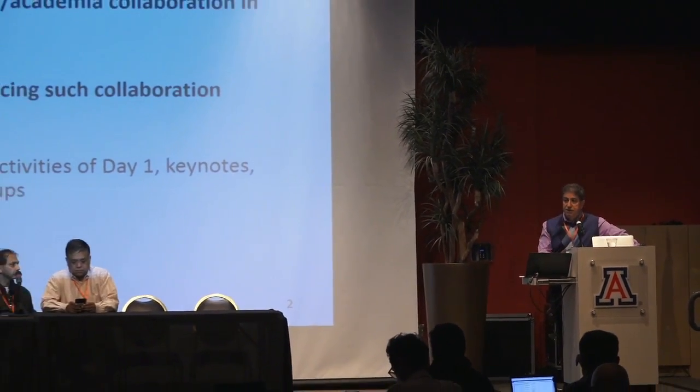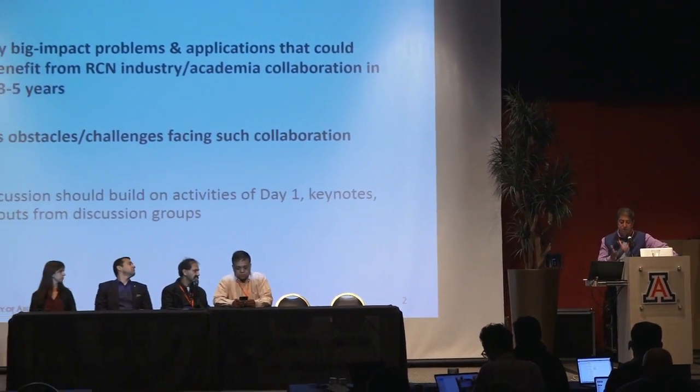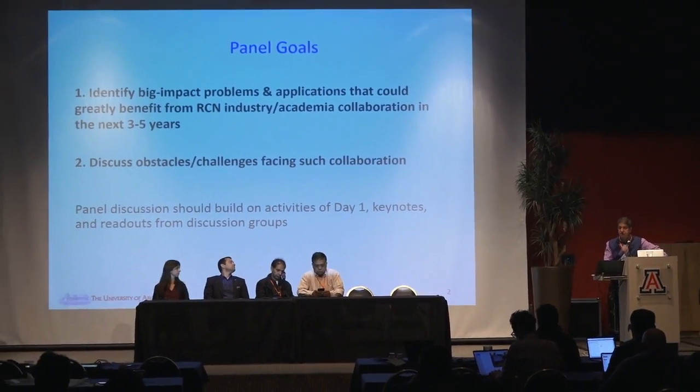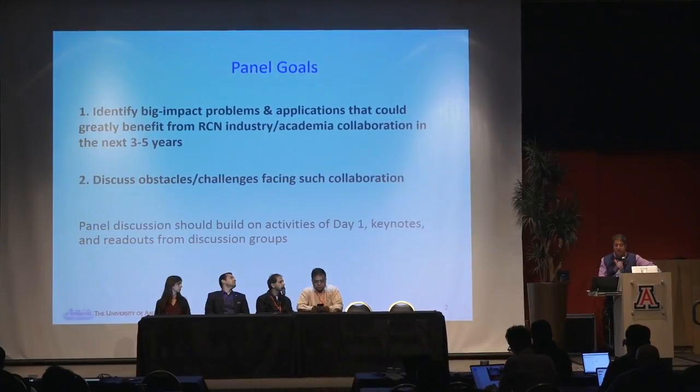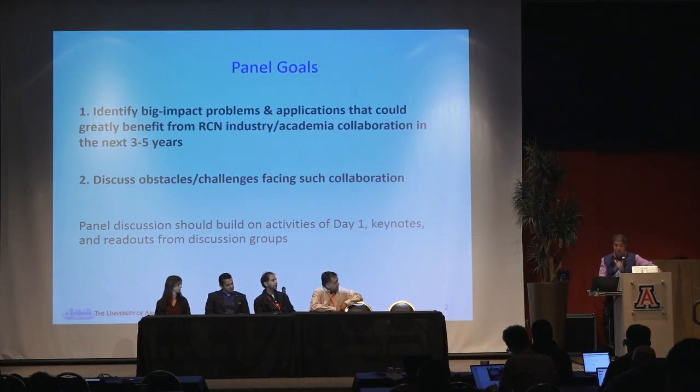We've listened to various discussions, readouts, keynotes. Based on these discussions and presentations, what do we think would be really something that is worthwhile to pursue jointly between academia, industry, and national labs? And I also added another thing: what are the obstacles or challenges that you see for achieving such collaboration?